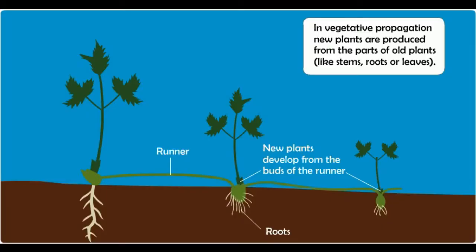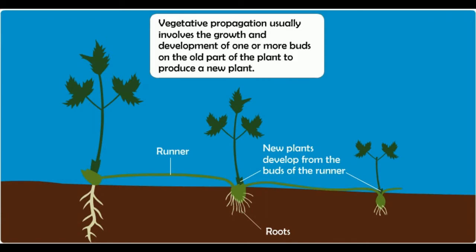Vegetative propagation. In vegetative propagation, new plants are produced from the parts of old plants like stems, roots or leaves. Vegetative propagation usually involves the growth and development of one or more buds on the old part of the plant to produce a new plant.